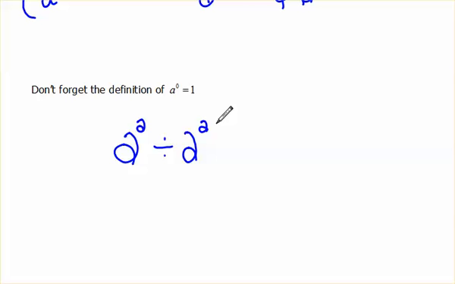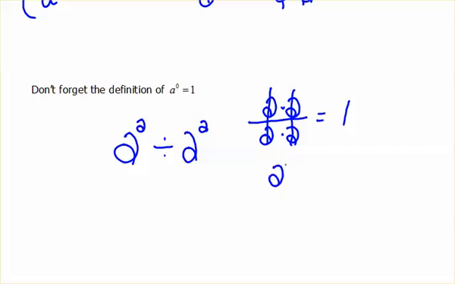Well, you could look at it a couple of different ways. You could either look at it the long, old-fashioned way, which would be 2 squared is 2 times 2, divided by 2 squared would be, again, 2 times 2, and then each one of these would be a 1, so you're just left with 1.